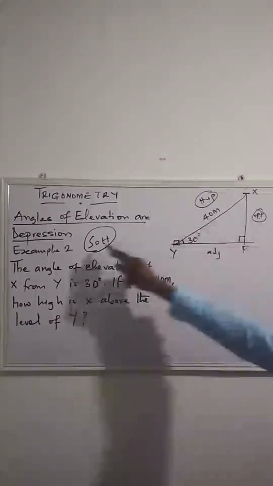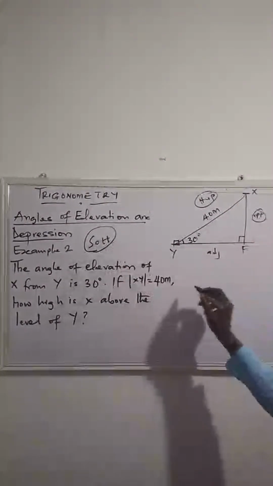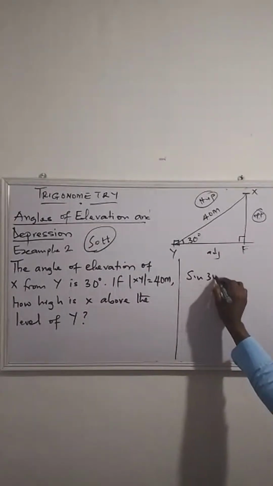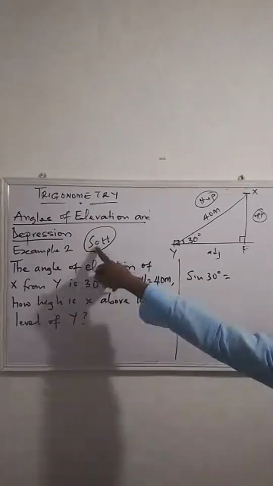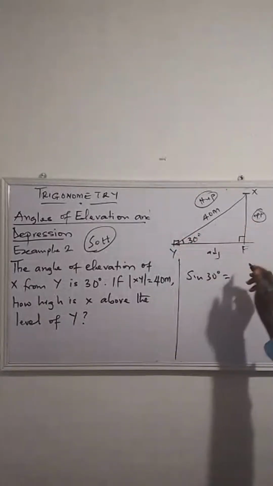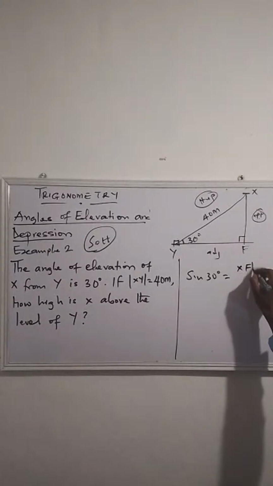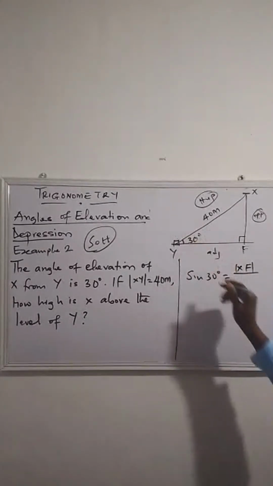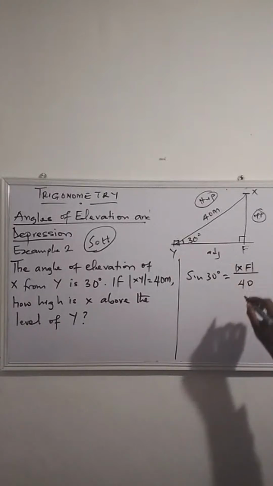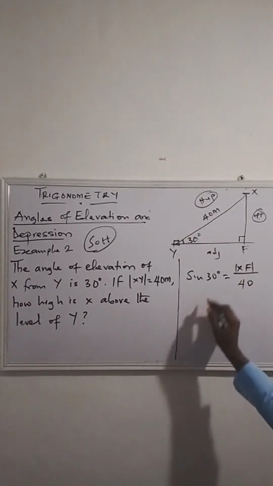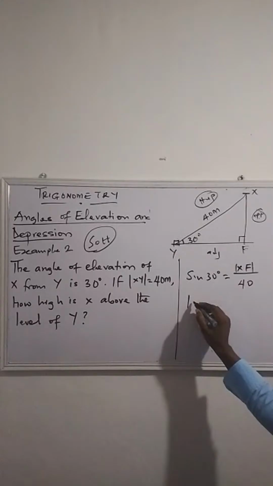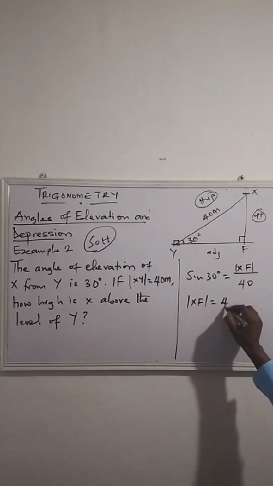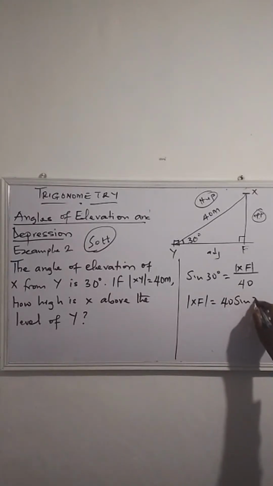We have O and H. So here we have sine 30 degrees equals opposite, that is what we're looking for, xf, over hypotenuse, that is 40. So we cross multiply, and we have xf equals 40 sine 30.